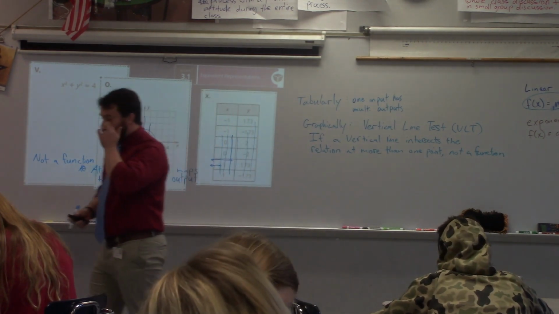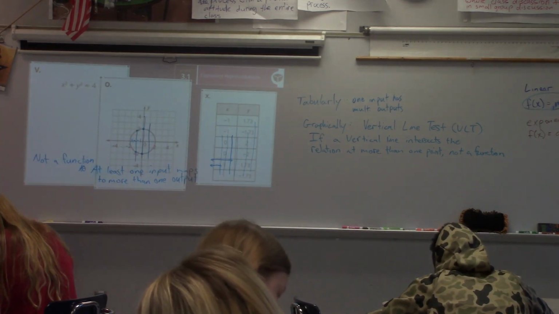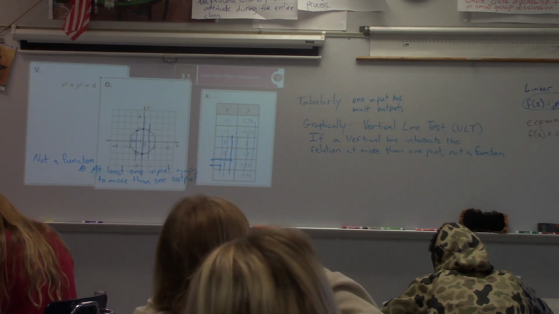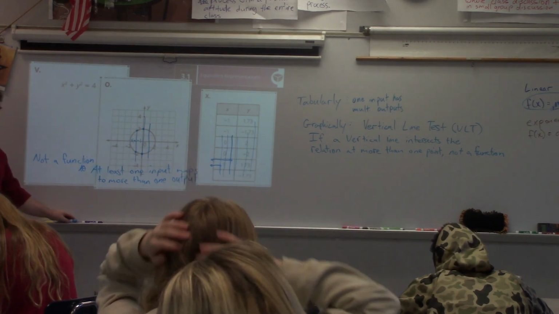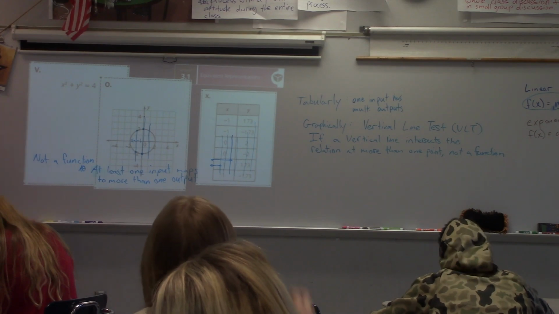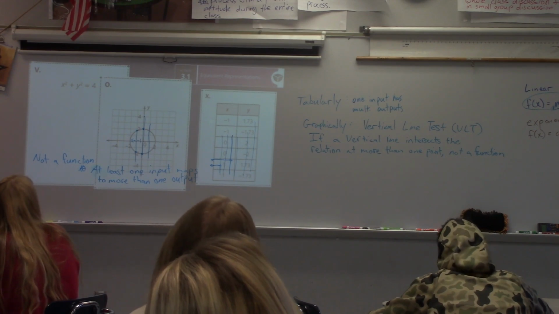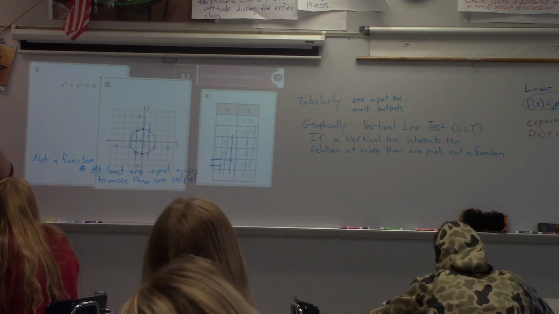And so we do want to notice if that vertical line intersects the relation at more than one point, it is not a function, because that means that one input would have multiple outputs. Still under number 3.